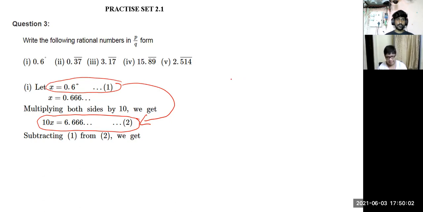No, you are subtracting 1 from 2. Here x is equal to 0.6 recurring, and 10x is equal to 6.666 and so on.